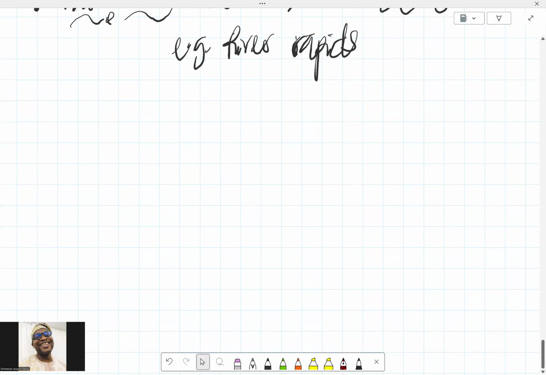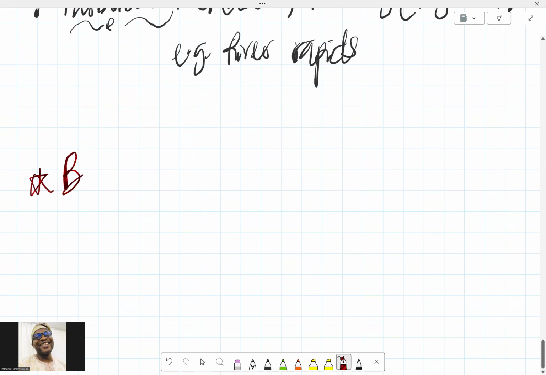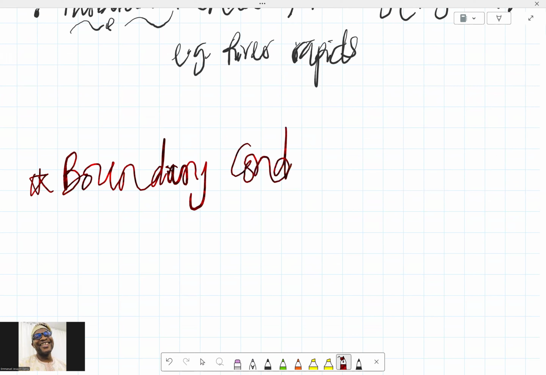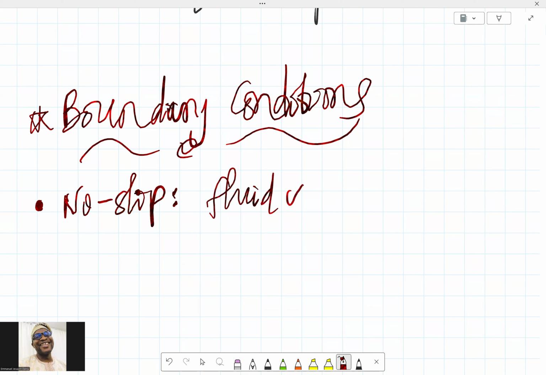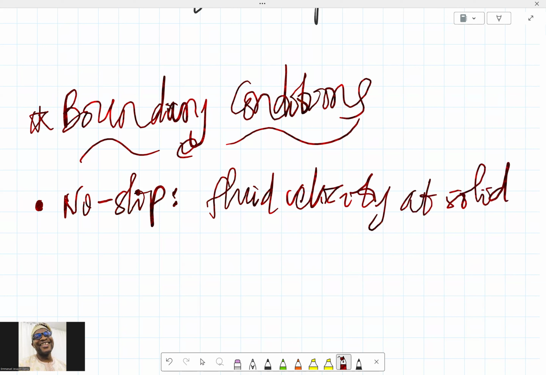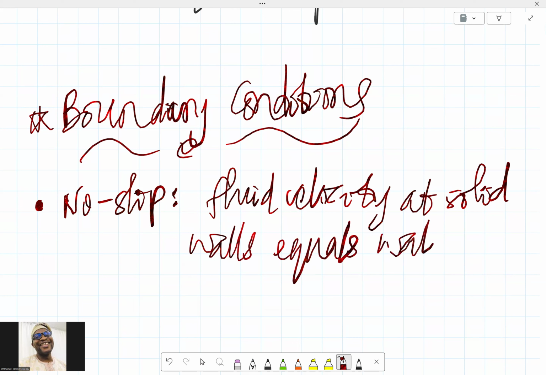So let's go talk about boundary conditions now. Boundary conditions. Okay, so we can have a no slip boundary condition. That means fluid velocity at solid walls equals wall velocity.